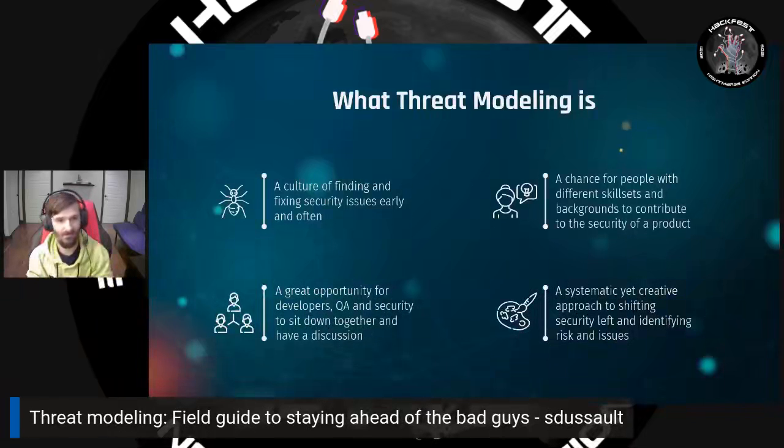So once again, to take a different perspective, what threat modeling is. So first, it is a culture of finding and fixing security issues early and often. So if you're a developer, if you've worked with Agile in any fashion, you should be familiar with that type of approach. Break things fast and often, and it's basically the exact same thing here.